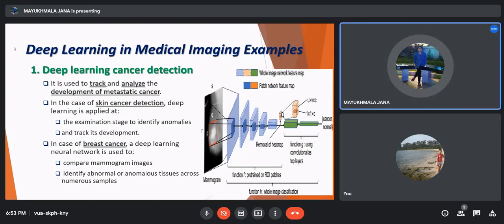It examines the stage to identify anomalies and track its development. In case of breast cancer, a deep learning neural network is used to compare mammogram images and identify abnormal or anomalous tissues across numerous samples. In case of skin cancer detection, deep learning is applied at the examination stage to identify anomalies and track its development.